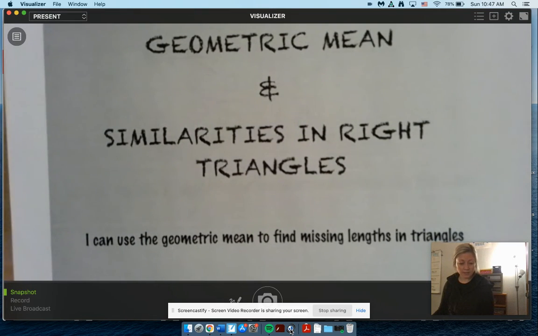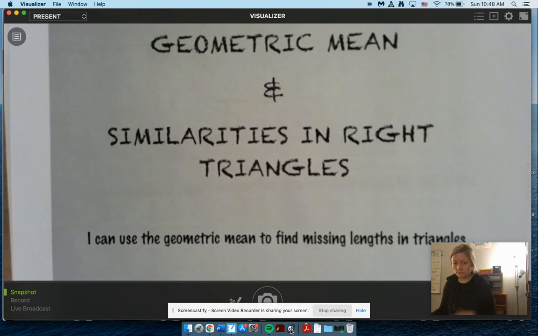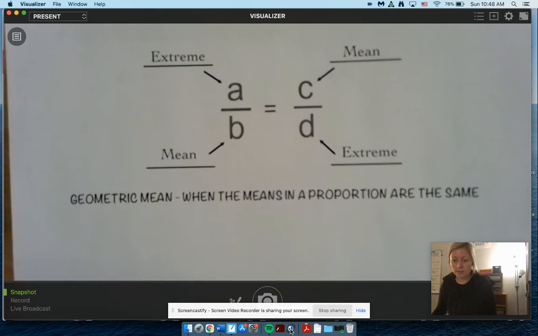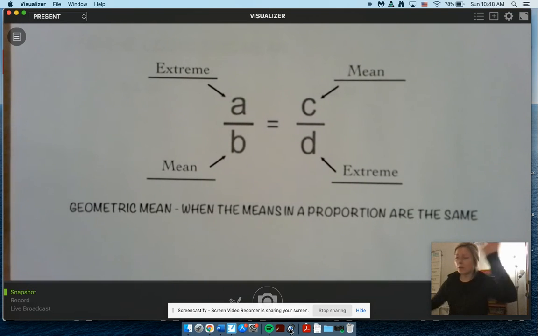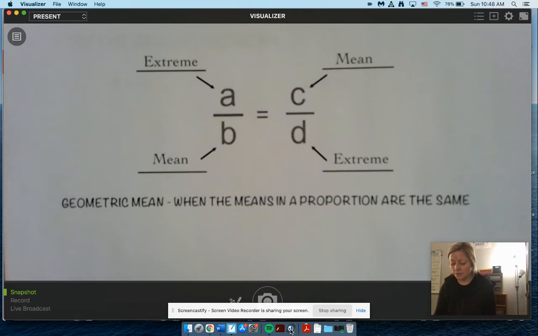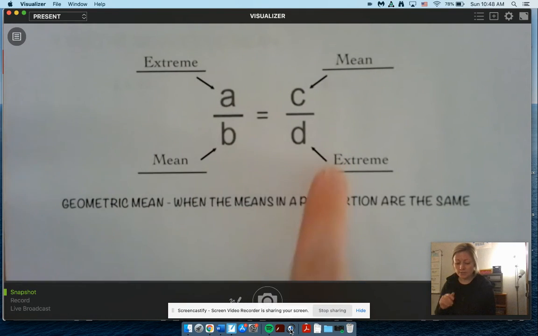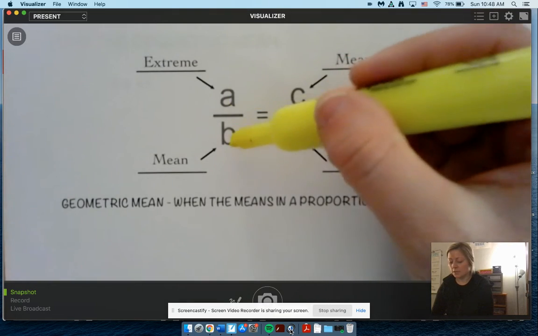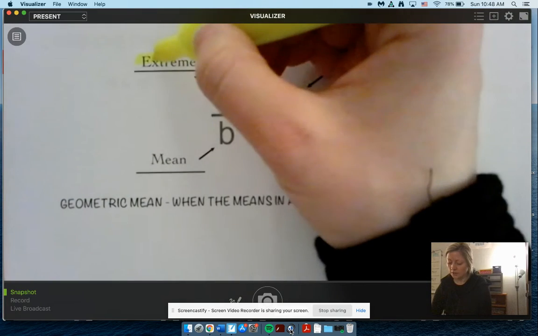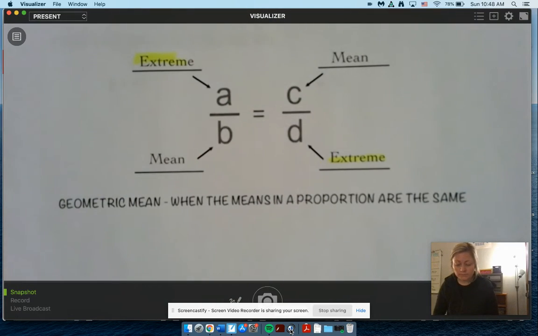Let's get rocking here. The first part's pretty straightforward because we've been working with proportions for the last while now, because that was all chapter 7: blank over blank equals blank over blank, right? So we actually have names for the spots in our proportions. You read this, A over B equals C over D. The first and the last are called your extremes.